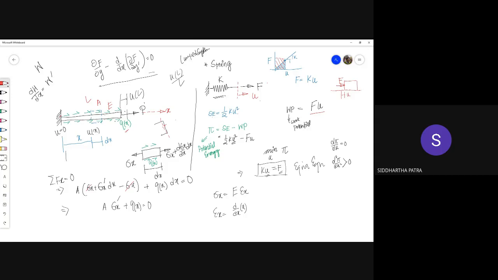within a differential element. For example, up to this is x, and let's say up to this the displacement is u. This element is dx, but at this end the displacement is u plus du dx times dx on this differential element.